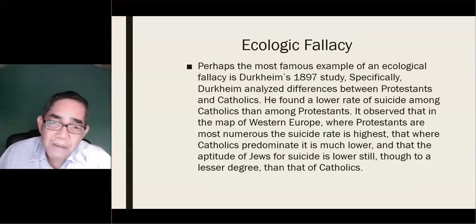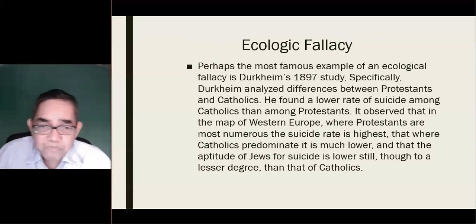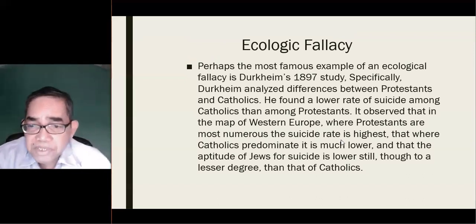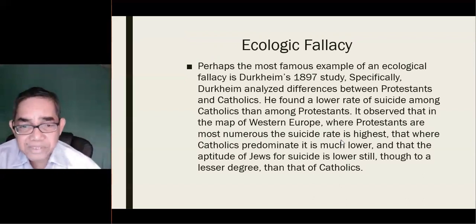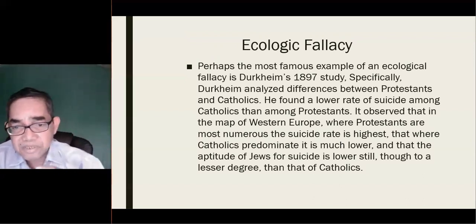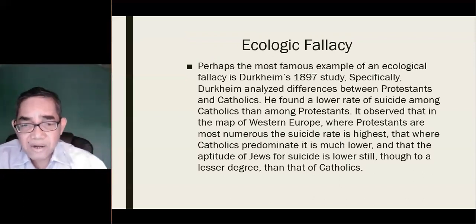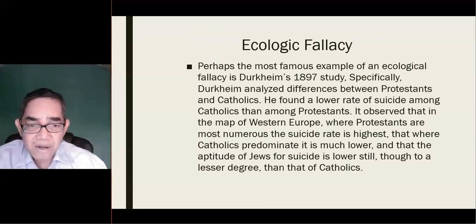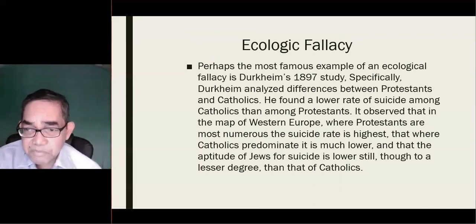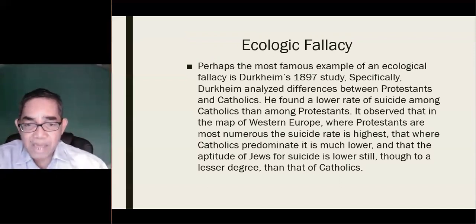So let's give an example of an ecologic fallacy. Perhaps the most famous example of an ecologic fallacy is Durkheim's study in 1897. Specifically, Durkheim analyzed the differences between Protestants and Catholics.